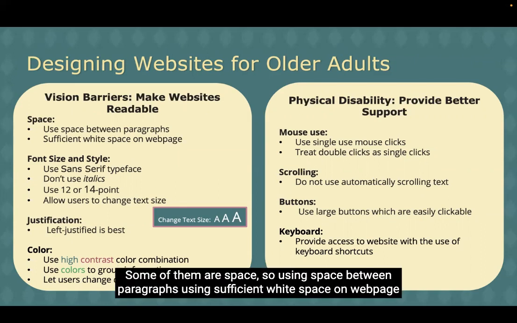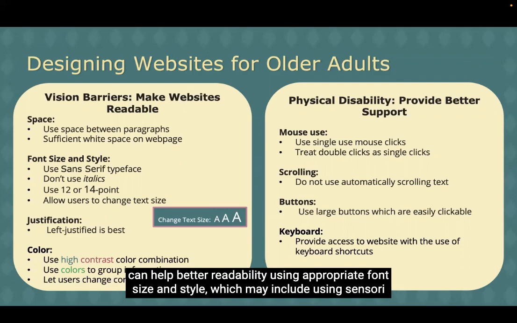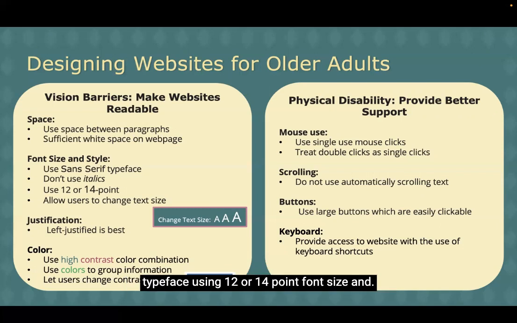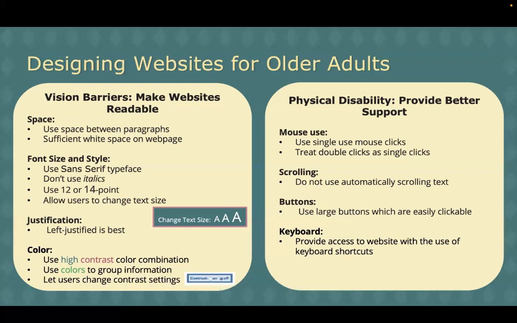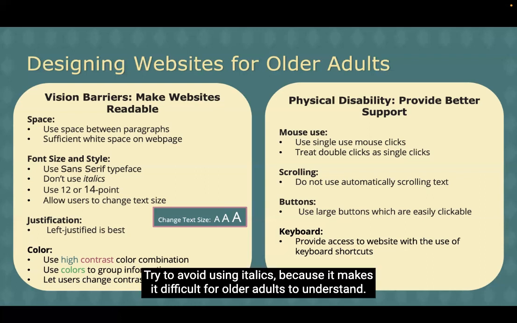Some of them are space. So using space between paragraphs, using sufficient white space on a web page can help better readability. Using appropriate font size and style, which may include using sans serif typeface, using 12 or 14 point font size, and also try to avoid using italics, because it makes it difficult for older adults to understand.